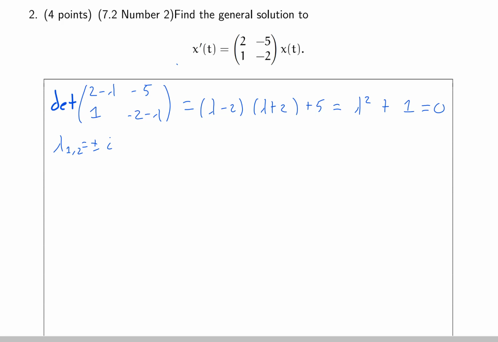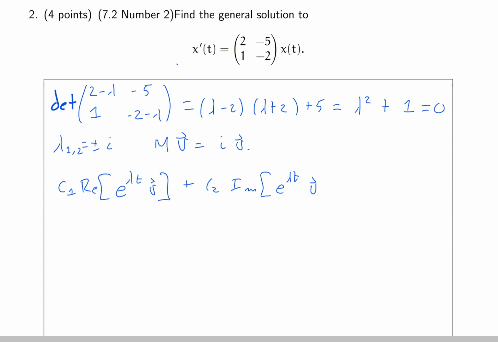Okay, so let's just pause for a moment and say that we have found the eigenvector v. It is associated to the eigenvalue i, so in other words, Mv is equal to i times v. When we're dealing with complex eigenvectors and complex eigenvalues, the general form for the solution is going to be C1 times the real part of e to the lambda t v plus C2 times the imaginary part of e to the lambda t v.